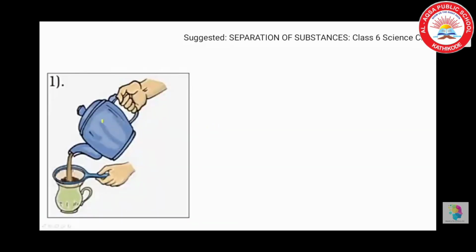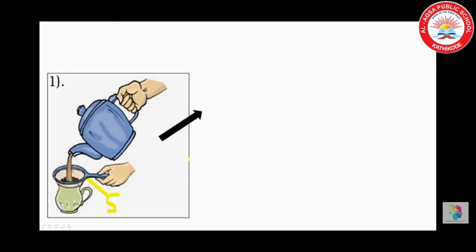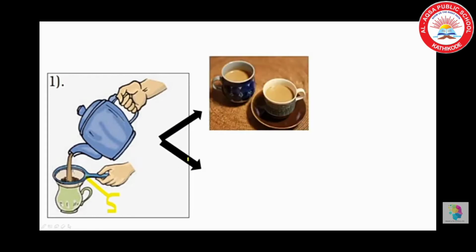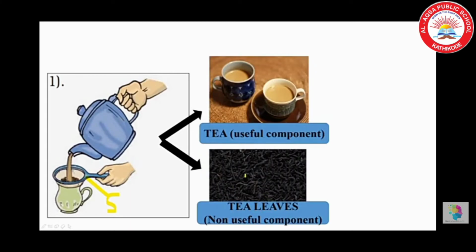First example, we are using a strainer to separate tea leaves from tea. Here we are separating two components. The first one is tea and the second one is tea leaves.